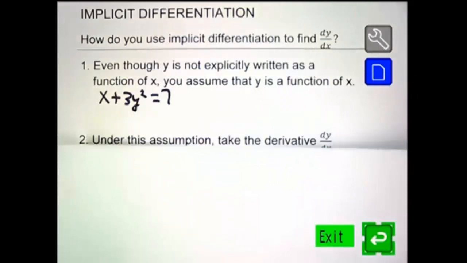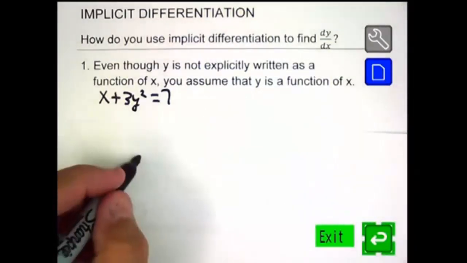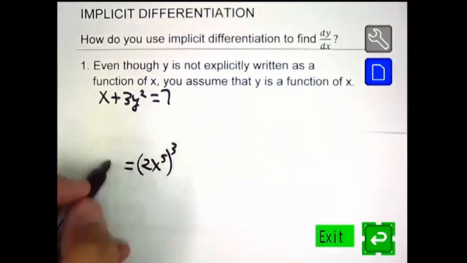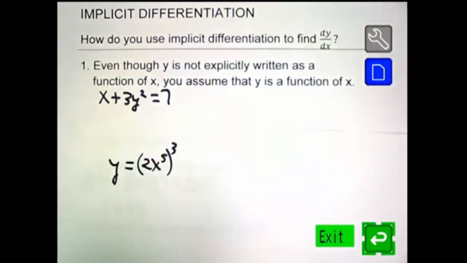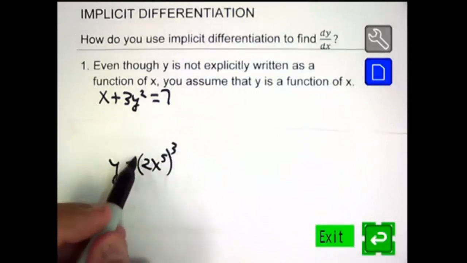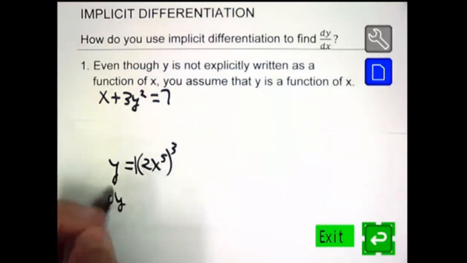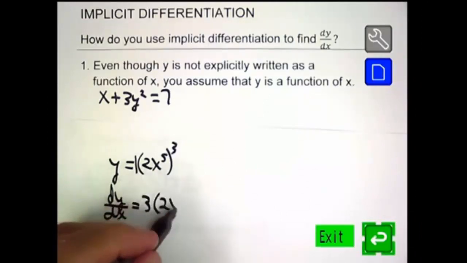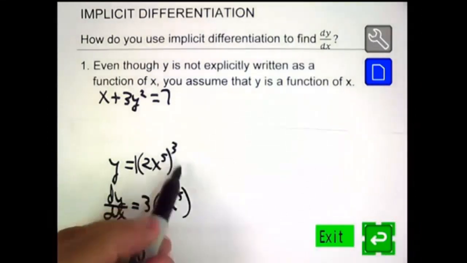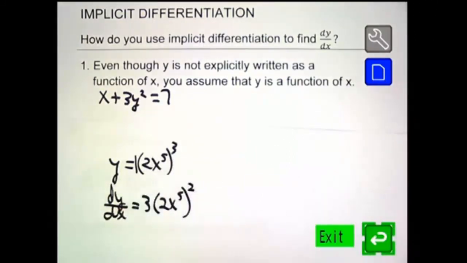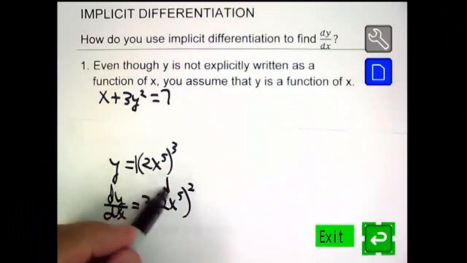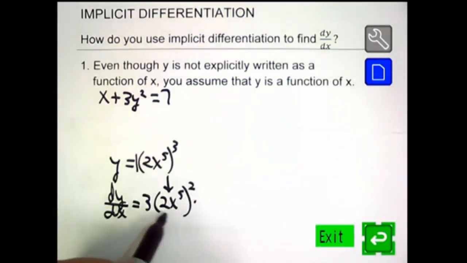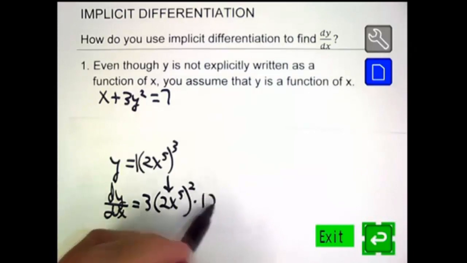And just as a slight aside, it's as if I were taking 2x to the fifth to the third, and if that were the equation that I was trying to take the derivative of, then I would take the 3, bring it down and multiply it by the 1, and that'd give me 3. Then I'd write the base down, and I'd reduce the 3 to a 2, but then the chain rule would kick in, and the chain rule says since that's a function of x, I have to come back and multiply by the derivative of the base, which would be 10x.